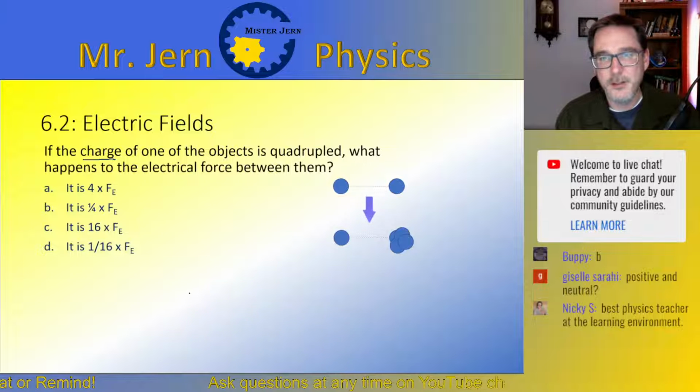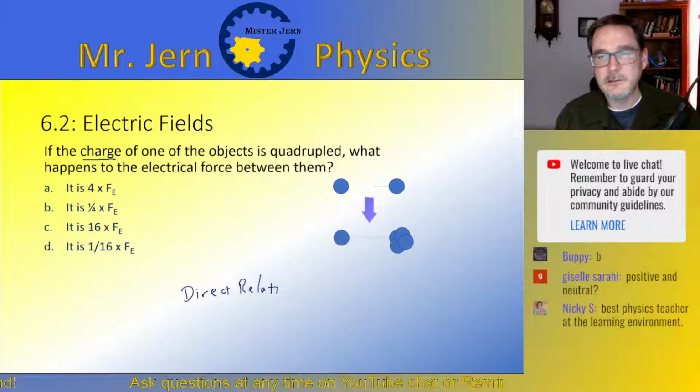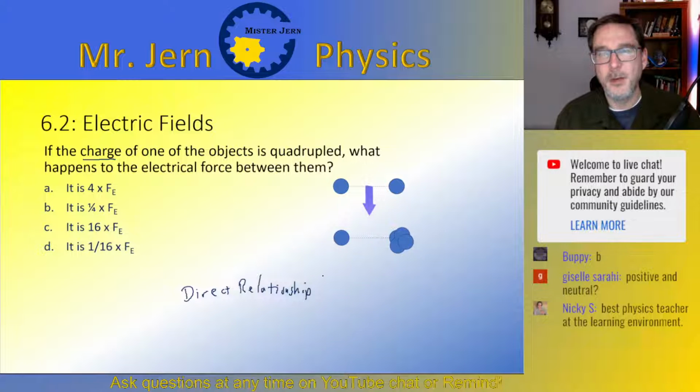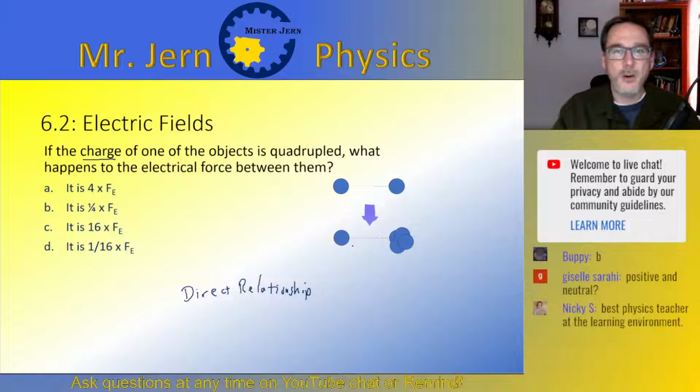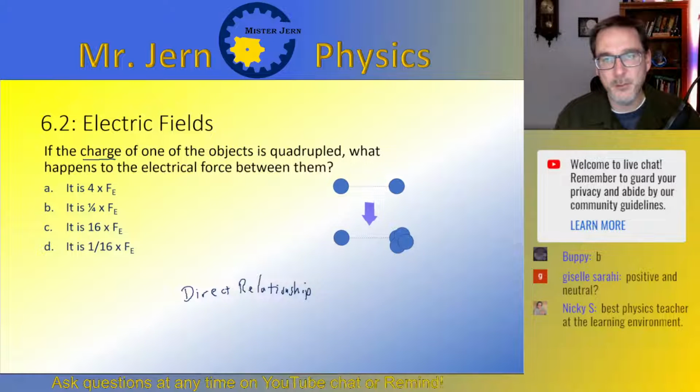Let's just call it a direct relationship. You could call it proportional. It's a directly proportional relationship where if one goes up, the other one goes up. If one goes down, the other one goes down.